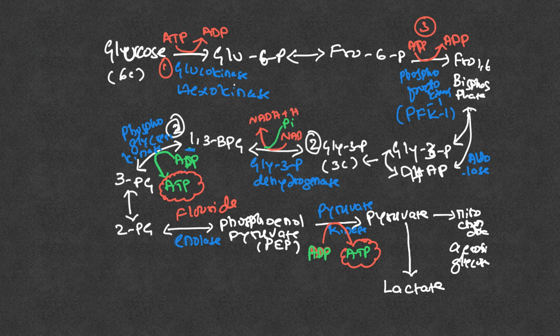This particular reaction is catalyzed by the lactate dehydrogenase enzyme. Simply I will write it as LDH here. So lactate dehydrogenase is the one that will convert pyruvate into lactate. Let me rewrite it, LDH, lactate dehydrogenase.